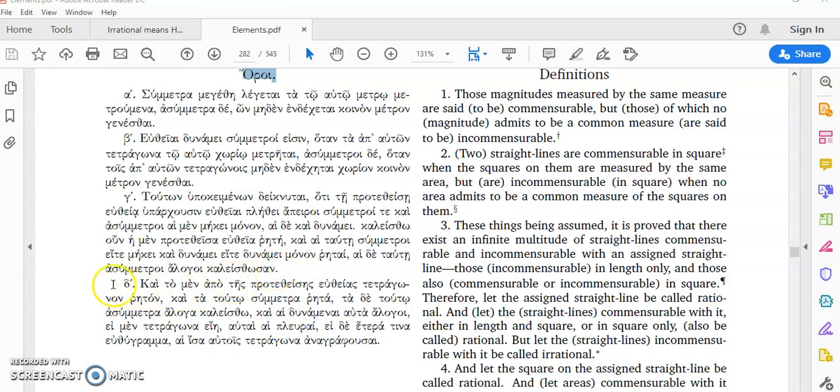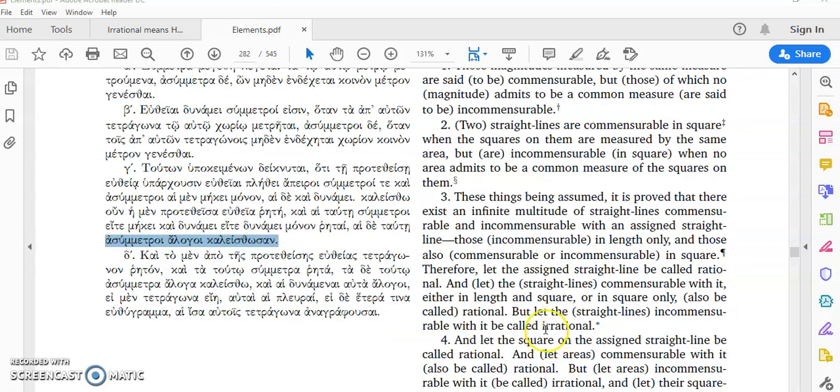So what we see here is this last phrase, which says asymmetroi alogoi kaleisthosan. That means asymmetric, irrational are called. That's just the way that ancient Greek was spoken. So such magnitudes are called asymmetric, irrational. Never is it anywhere in the Elements stated that there's such a thing as an irrational number. Irrational refers to a ratio in which the aliquot parts have no common measure, okay?